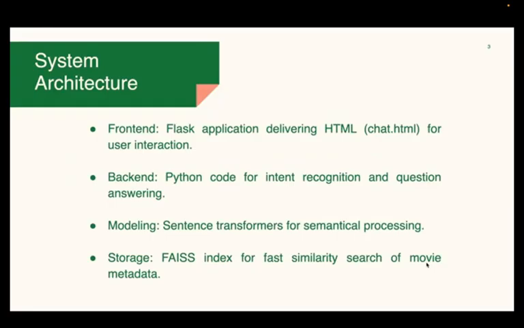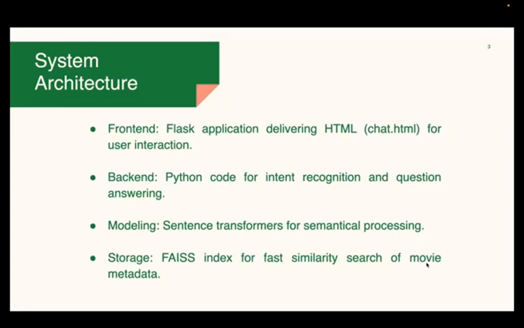Here is how the architecture of MovieBot works. On the front end, we built a Flask-based web application. The interface is lightweight and responsive, built using HTML and Bootstrap, allowing users to chat with the bot in real time.